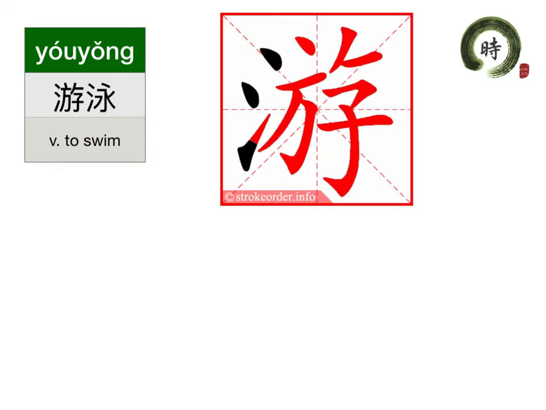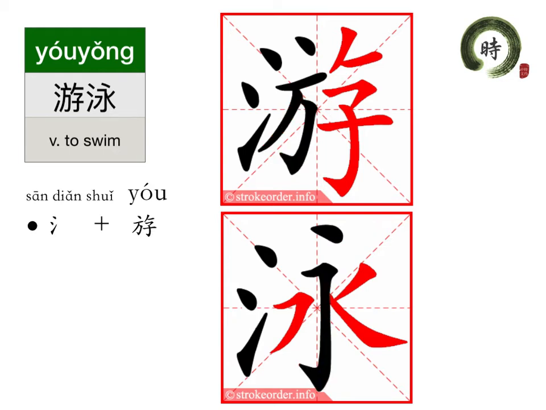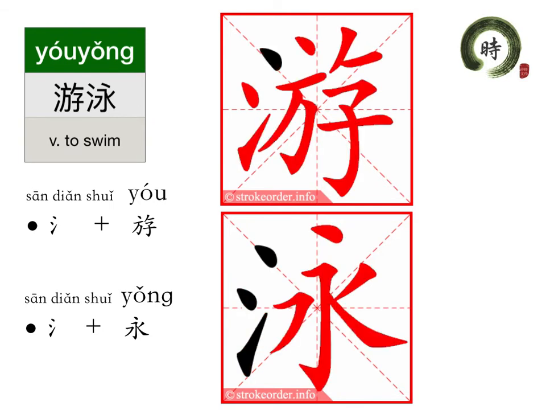Then let's learn another sport, 游泳. So both 游 and 泳 have the meaning of swim, so they have the water radical, 三点水. And both of them are combination characters.